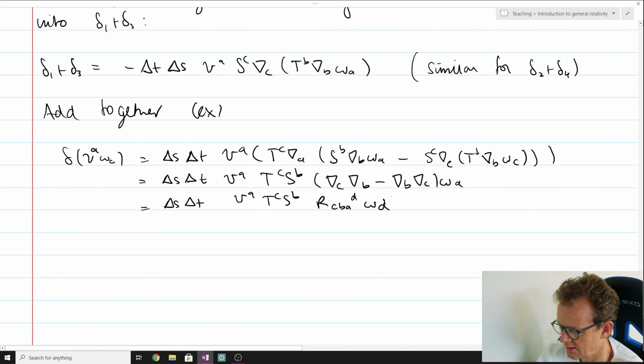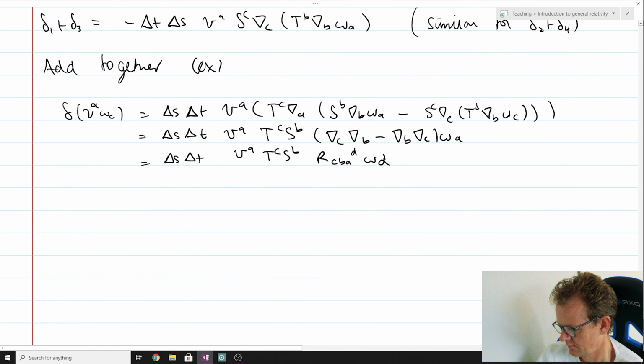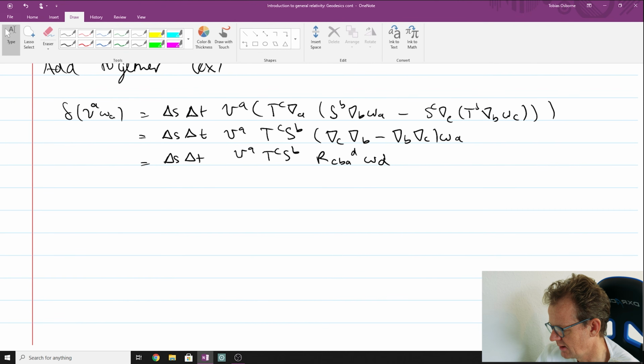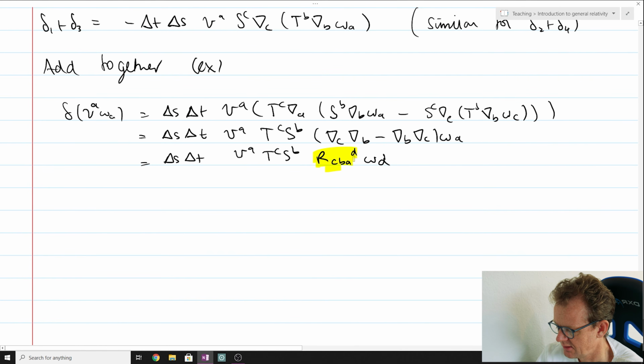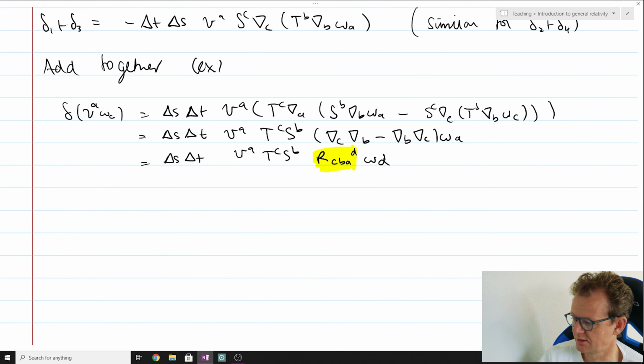Now the reason why I could go from the first line to the second line, I'll get to that in a sec, but I want to highlight that what comes out is that the second order dependence of the change in parallel transport of vector V is controlled by the Riemann curvature tensor.